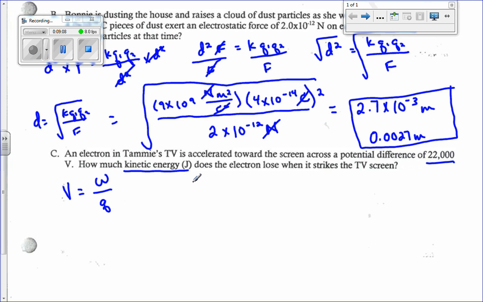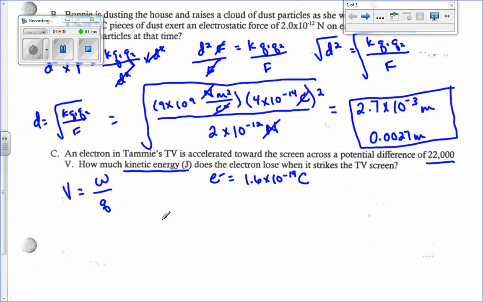Nope. I have to give you charge. So the charge of an electron is this. 1.6 times 10 to the negative 19 coulombs. That's how much charge each electron has. And remember, all electrons have the same charge.